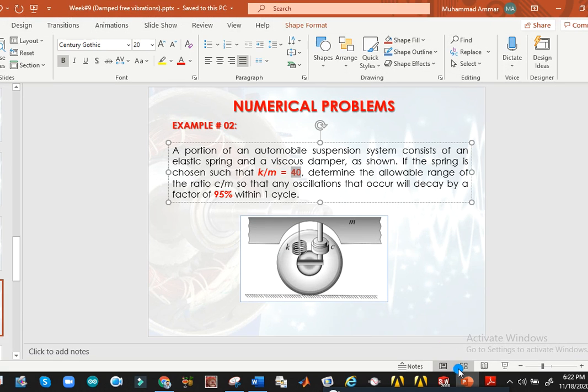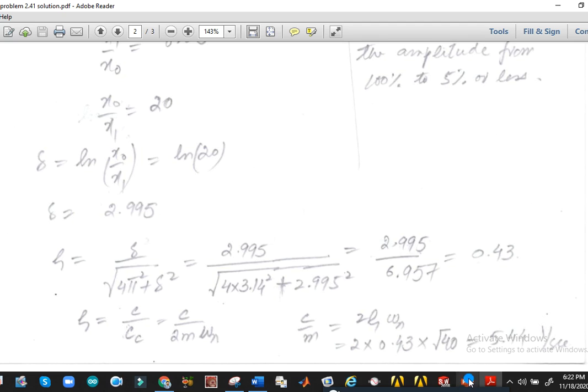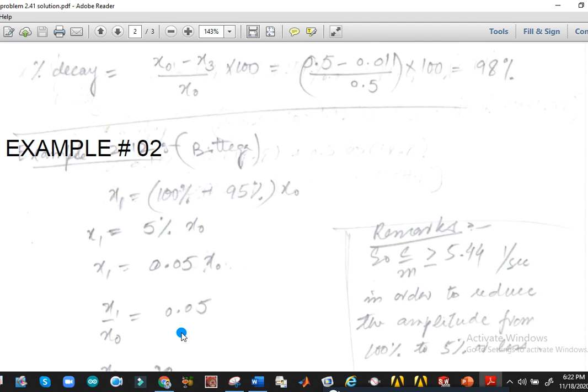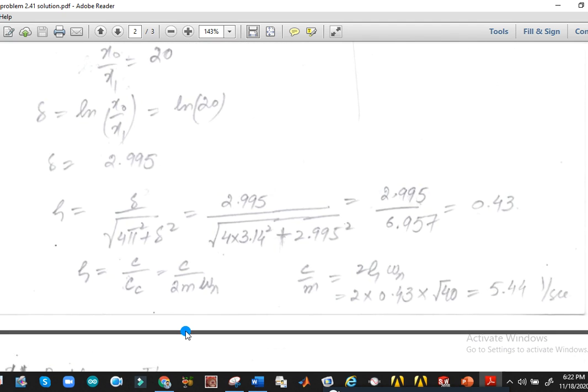So taking the square root of 40, we multiply this term here, and then we have the final ratio of damping coefficient to the mass, that is equal to 5.44.